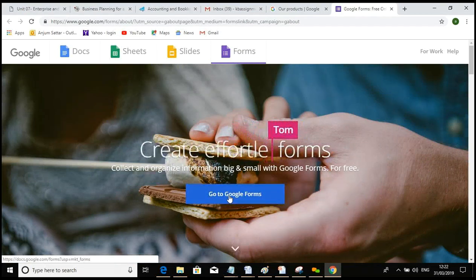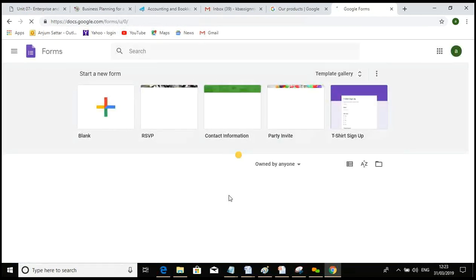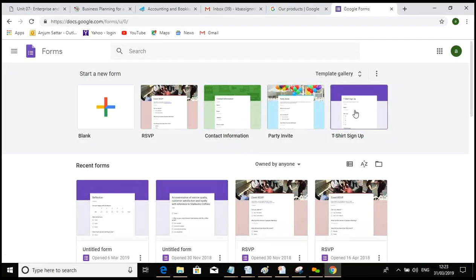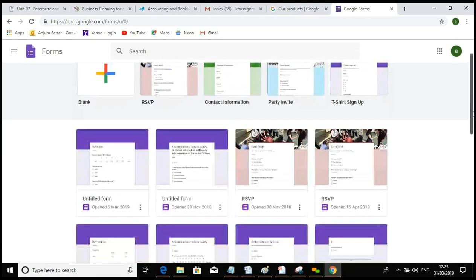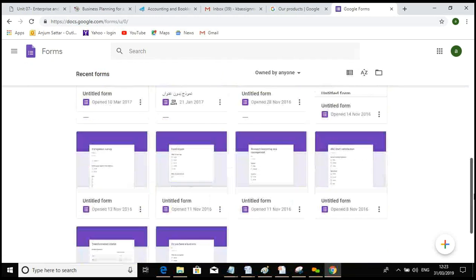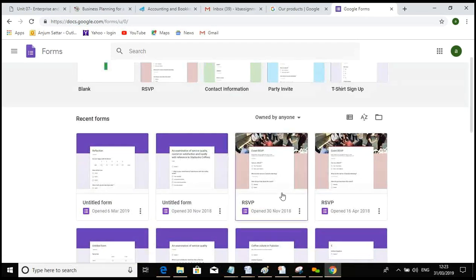If we go to Forms, I already created some forms. If I look for some forms I created for customer satisfaction or research purposes, we can use this form. I can open any form, for example.